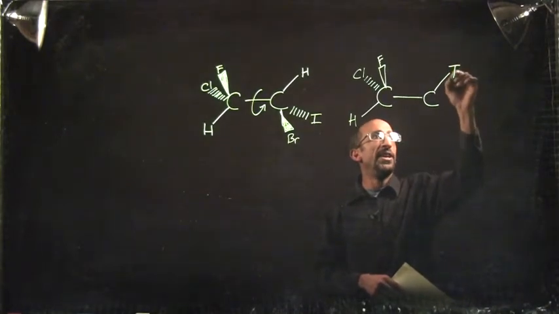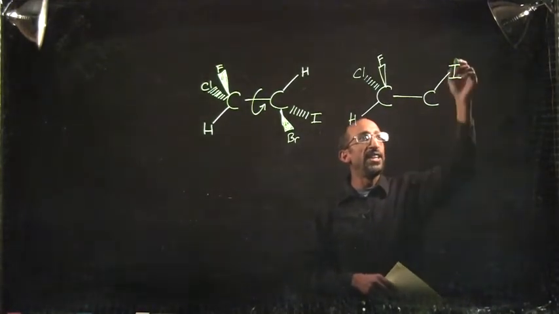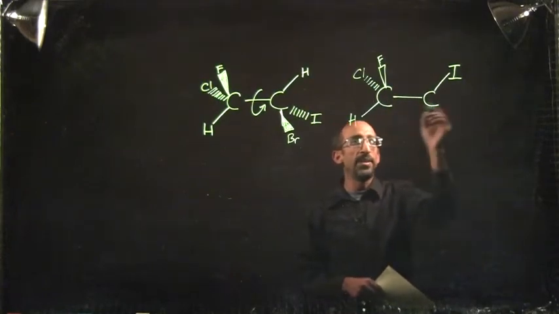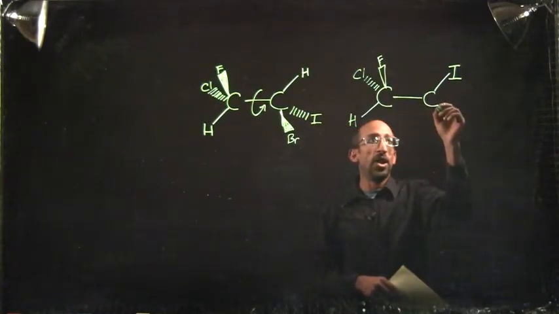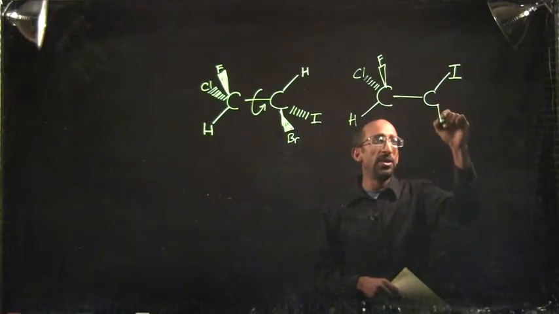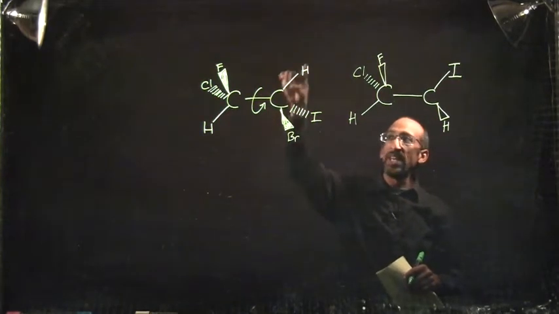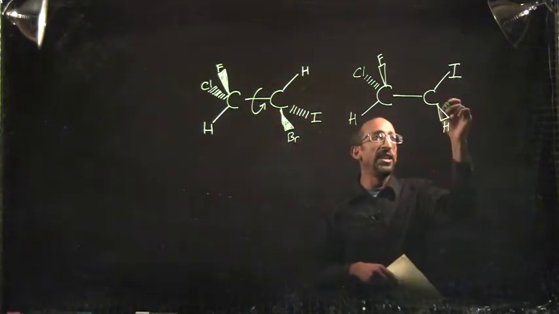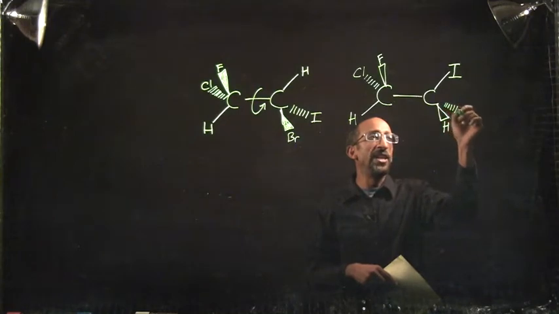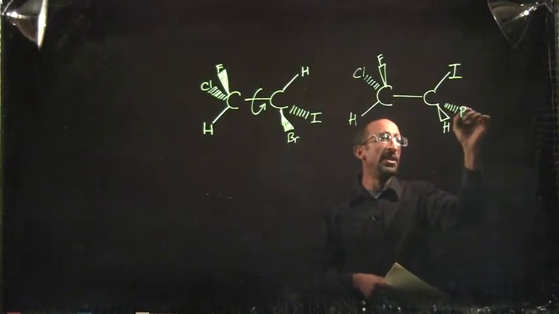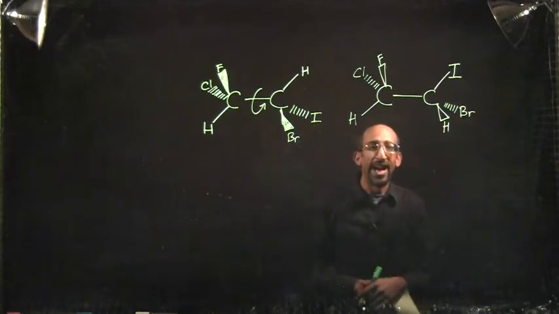Now I have the iodine in plane with the two carbon atoms and the hydrogen atom over here, going out of the board towards you. I now have the hydrogen atom that was up here in plane, and then finally coming behind the board towards me, I would have this bromine atom.